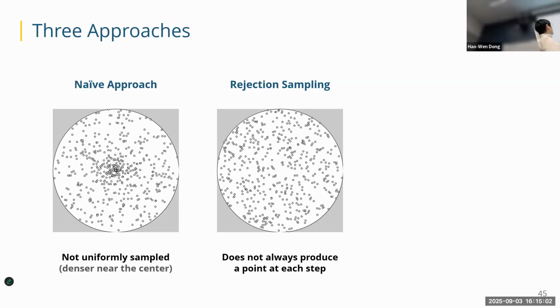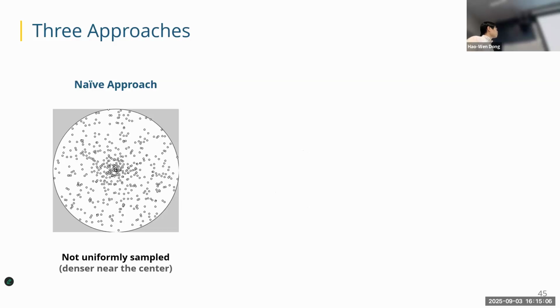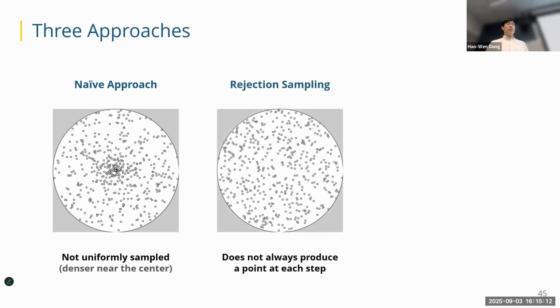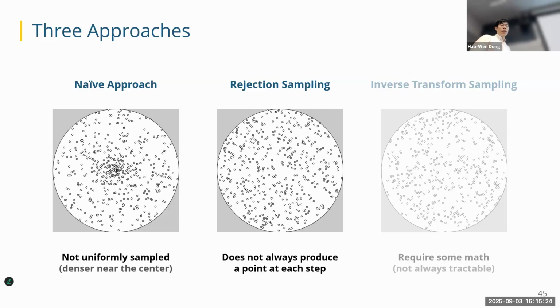For the naive approach, we are doing polar coordinates. If you don't do something, it will be denser near the center. And rejection sampling is very easy. You just sample everything, and then you hope it will be in this circle. If not, you just drop it. So sometimes you will lose a frame if there's another sample.